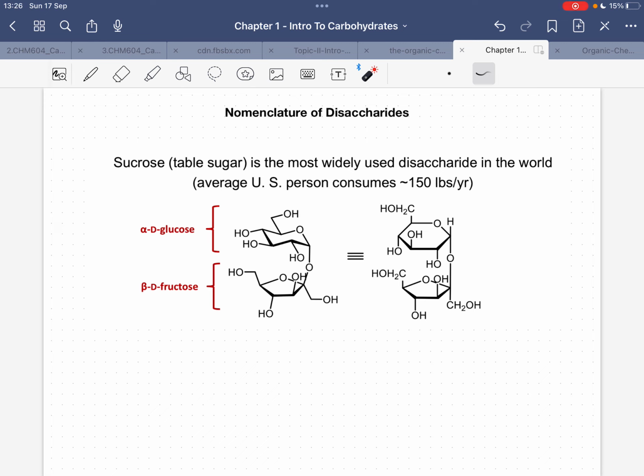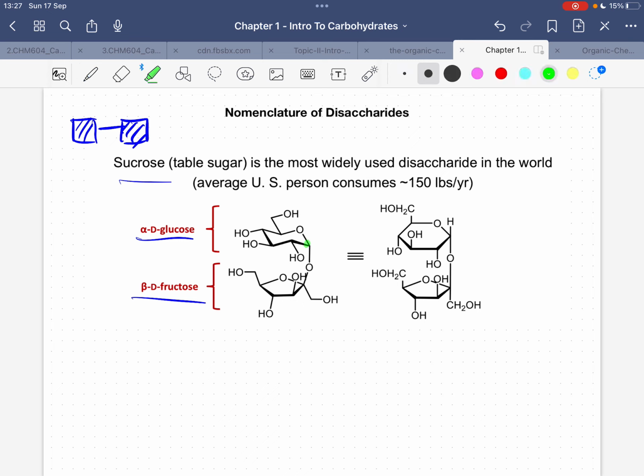So, another disaccharide. A disaccharide is composed of, like on my introductory slide, right, two monosaccharides. Just like this. Sucrose is the most common disaccharide apart from lactose and maltose. So sucrose has alpha D-glucose and beta D-fructose.